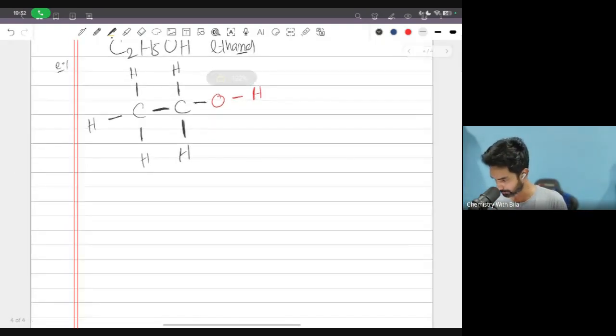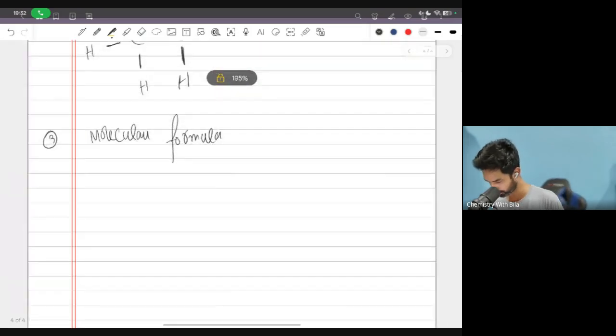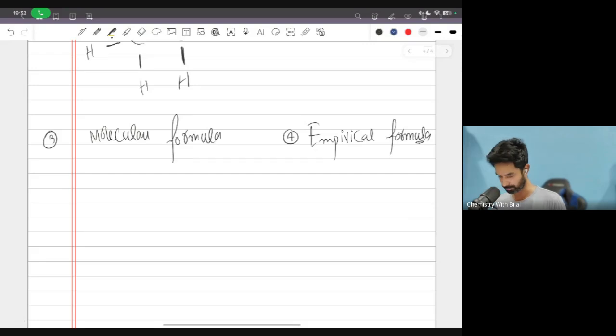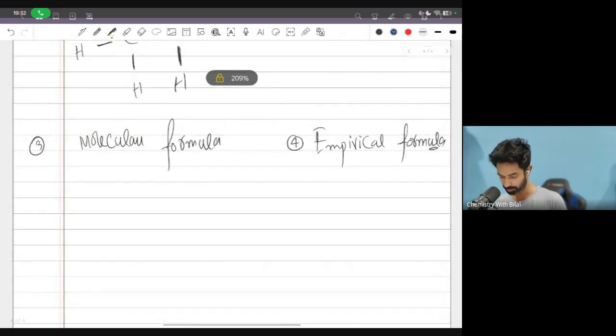Now, the next type of formulas, the third type of formula is called molecular formula. As I mentioned, वो तो हमने पहले से पढ़ा हुआ है. And the fourth type of formula is called empirical formula. Right? So you have molecular and empirical formula. Imagine, for example, we have a formula which is called C4H10.